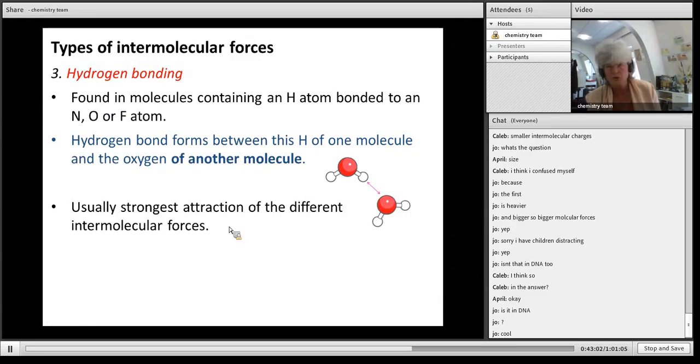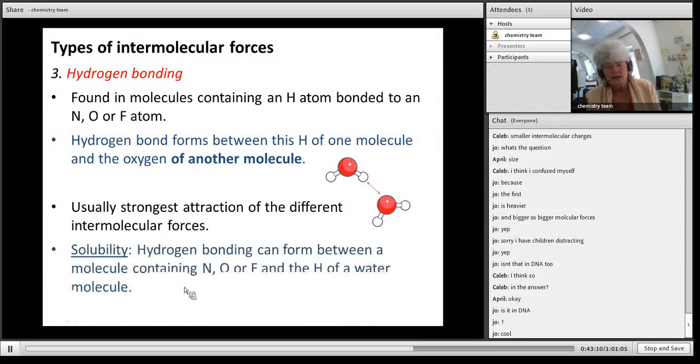So guanine or the CTAG or whatever, that holds it in that way. Okay, now regarding solubility, because this one is the strongest of the 3 different types, it's going to need the most amount of energy to break.